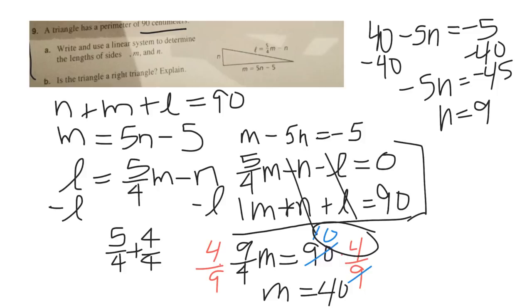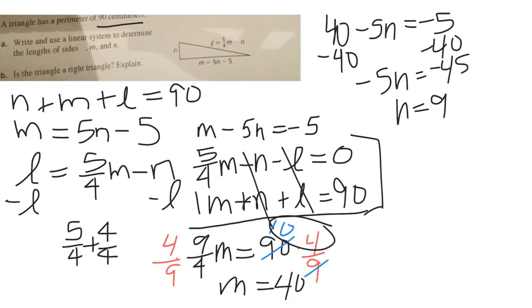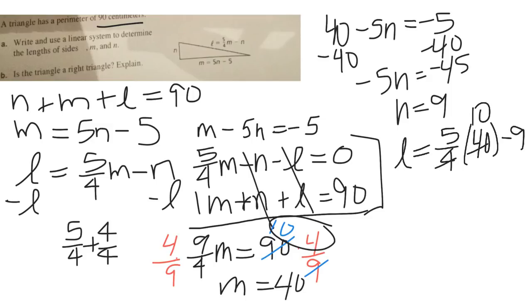And then I can plug those all back into the L equals equation and find L. L equals 5/4 times 40 minus 9. 4 goes into 40 10 times. 5 times 10 is 50 minus 9. So L equals 41. And is 40 plus 41 plus 9 equal to the perimeter of 90?